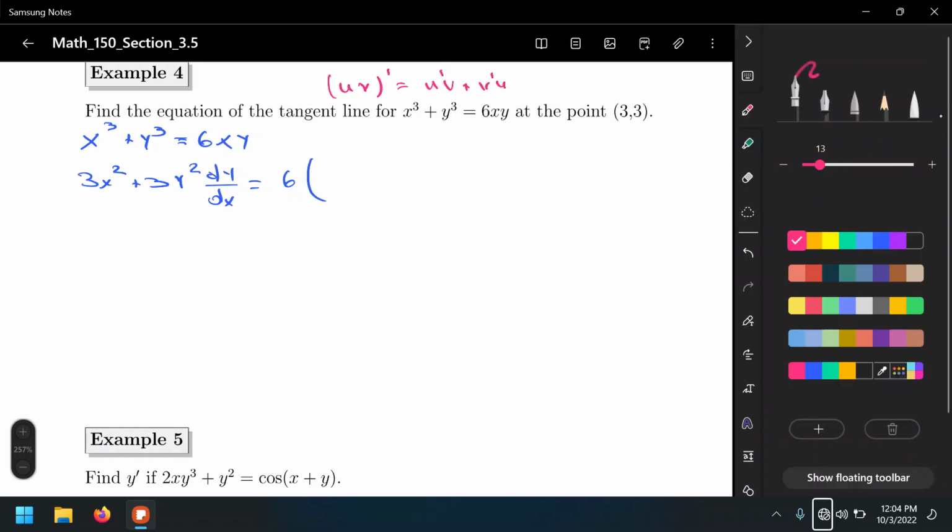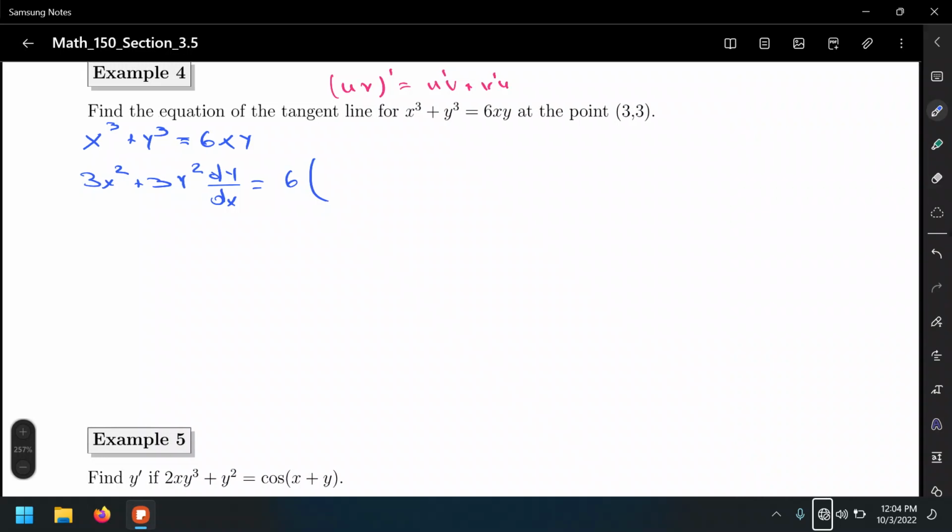In this case, the derivative of x, which is 1, times y, plus the derivative of y, which is 1 times dy dx, times u, which is x. So we're done with the calculus part of the problem actually.